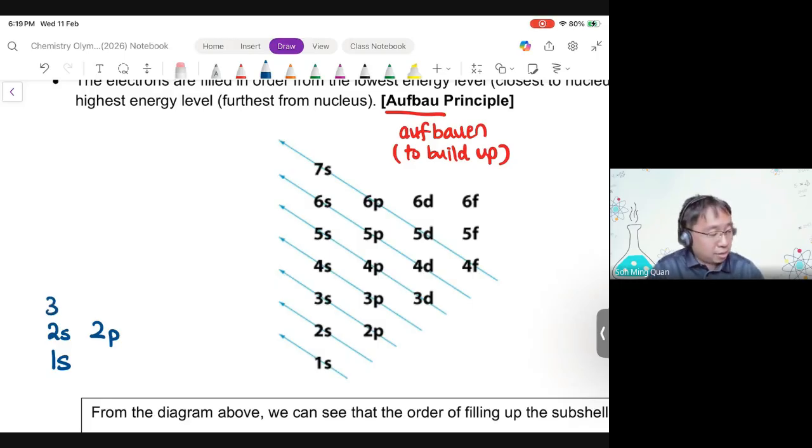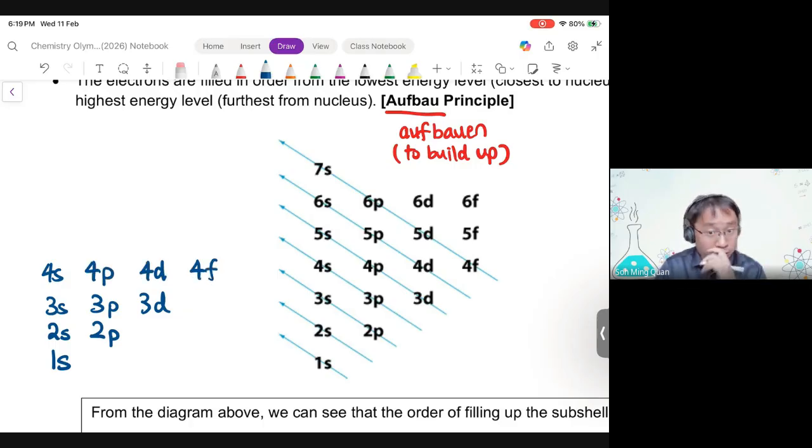Then 3s, 3p, 3d this way. We're going to write row by row. 4s, 4p, 4d, 4f this way. 5s, 5p, 5d, 5f. And you must be wondering what comes after f, right?